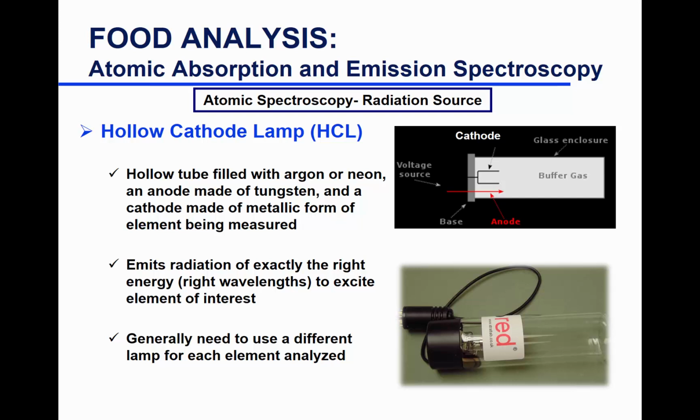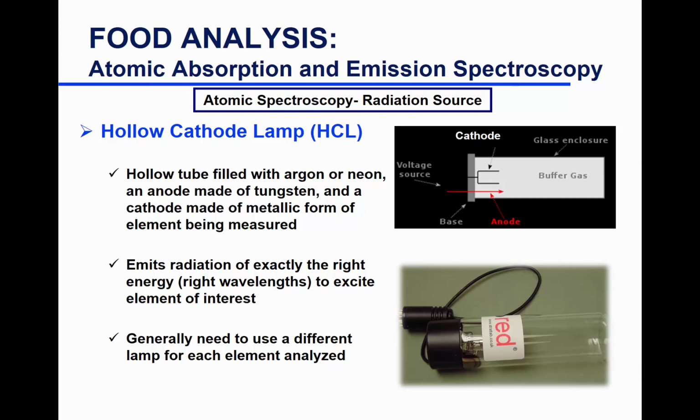The anode is made of tungsten, and the cathode is made of the metallic form of the element being measured. So if you're measuring iron, your cathode is made of metallic iron. If you're measuring calcium, it's made of metallic calcium, and so on.